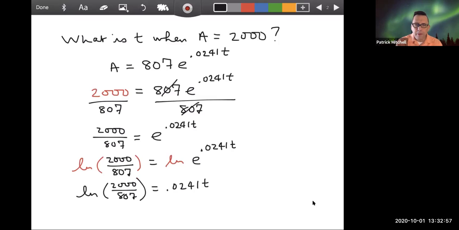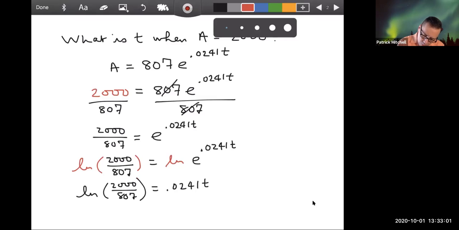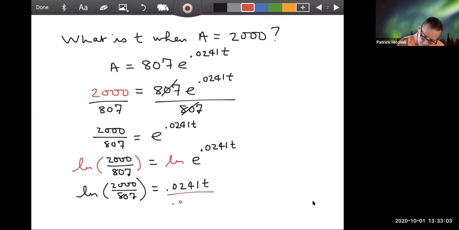All right, so now I'm going to divide both sides by 0.0241. Remember, I'm trying to find what is t.